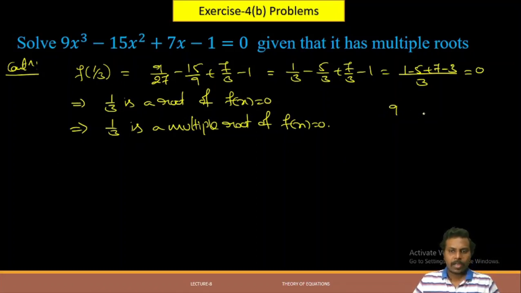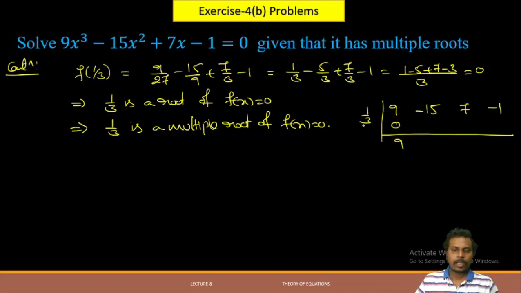Here I am writing the coefficients of the given equation. So this is 1 by 3, 0. This is 9. 1 by 3 into 9 is 3. This is minus 12. 1 by 3 into minus 12 is minus 4. This is 3. 1 by 3 into 3 is 1. This becomes 0, since 1 by 3 is a multiple root.